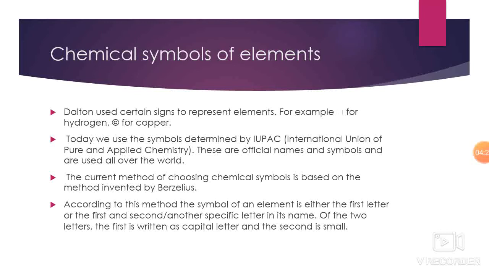Of the two letters, the first is written as a capital letter and the second is small. So according to the Berzelius method, the symbol of an element must be either the first letter, or the first and second letter, or the first and some other letter from its full name, and the first letter is written capital and the second is small.